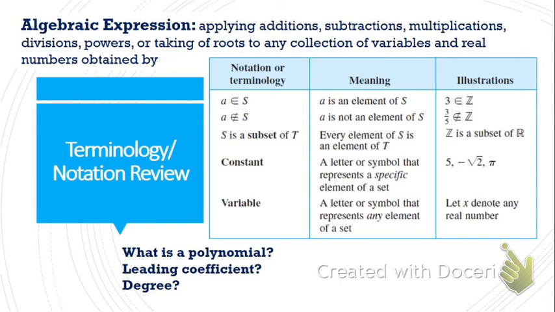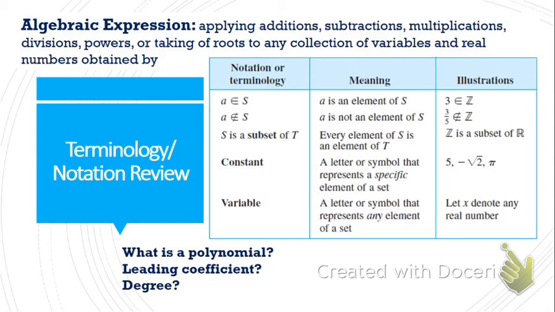You are a member of this group. If I were to go next door to Mrs. Bolliton's room and pull a couple students in here, they would not be elements of this class because they're not enrolled in this course. To be a subset, if I were to take just this first table over here, this is a subset of our larger group. You are a smaller group that's contained within this larger group.